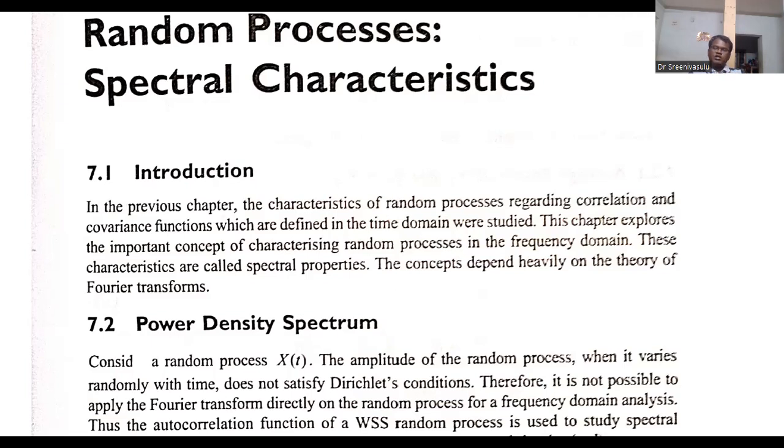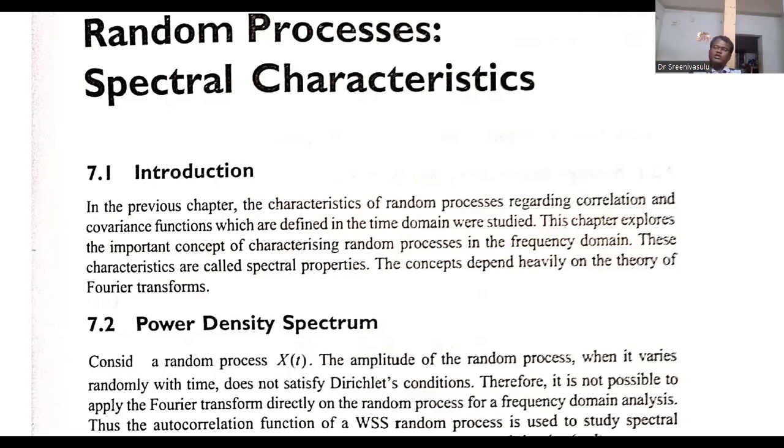That's why, instead of applying the Fourier transform to the random process x of t, we apply the Fourier transform to the autocorrelation function. The autocorrelation function is independent of time, and we can calculate it from the random process only. So the autocorrelation function gives the information about the random process.